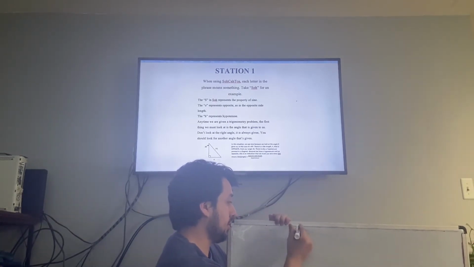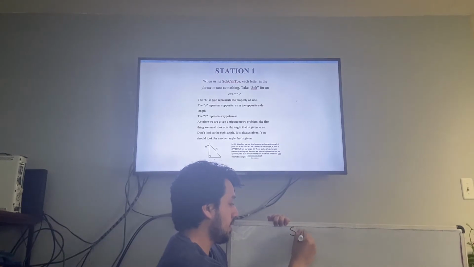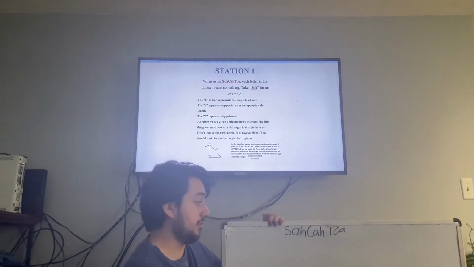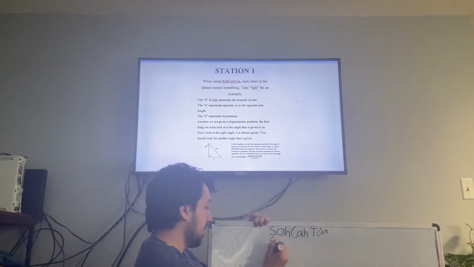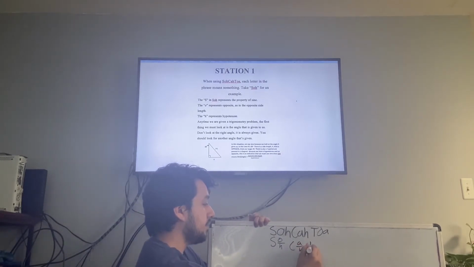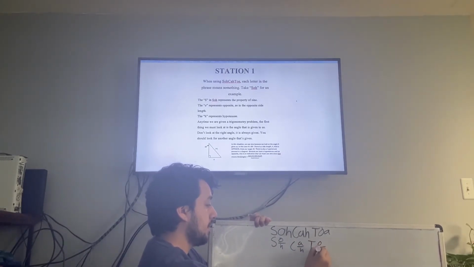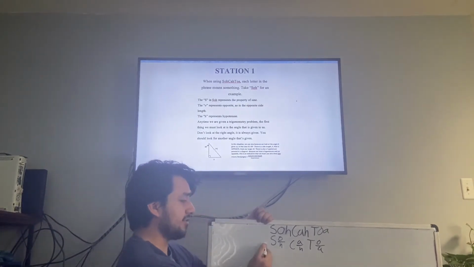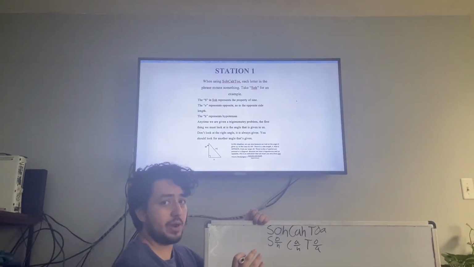So let me write SOHCAHTOA once more. You could write it this way, or if it makes it easier for you to visualize, you could also write it this way. Whichever you prefer. I think this way you're going to visualize the ratios a bit better.